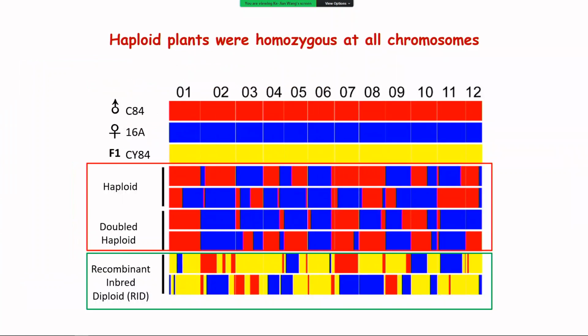That is, there were no yellow colors. Together, these results imply that those plants are possibly generated from the parthenogenesis of the egg cells.